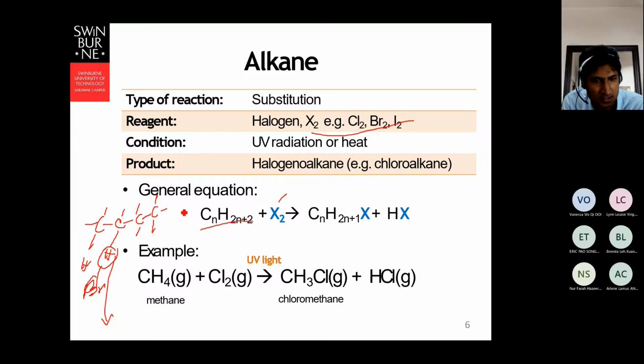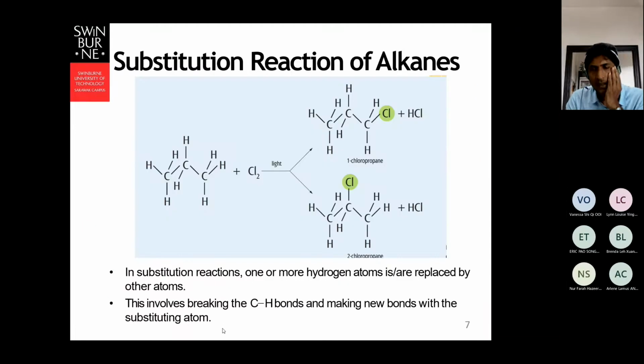Nothing will happen. But as soon as there is a little sunlight, because sunlight has UV light, or you give a little bit of heat, it is an explosive type of reaction, and it produces heat and the reaction occurs with a bang. So this is the condition: it should have UV radiation or heat.